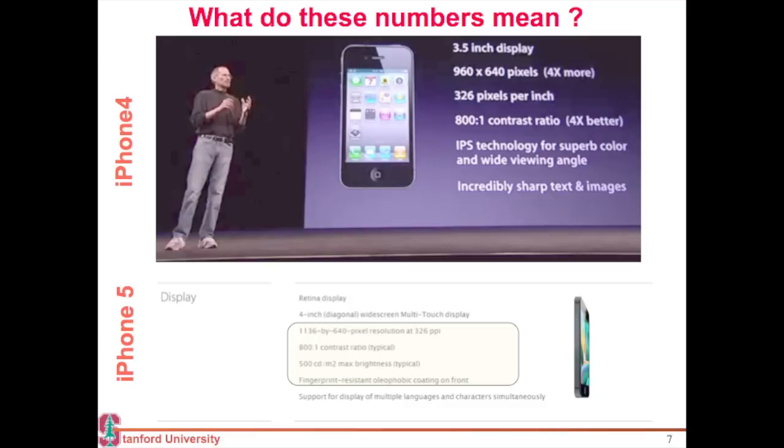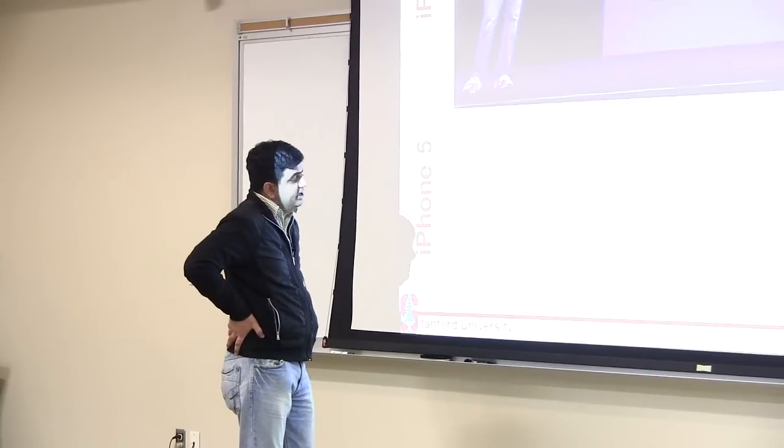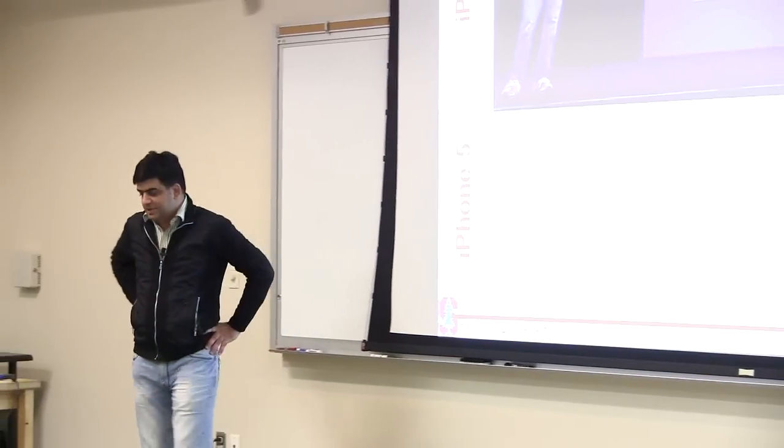It uses IPS technology. What is IPS technology? If you look up the iPhone 5 specs, it will have terms like these: 800 to 1 contrast ratio, brightness of 500 candela per meter squared. So what do they mean, and what are the benchmarks for some of these numbers?